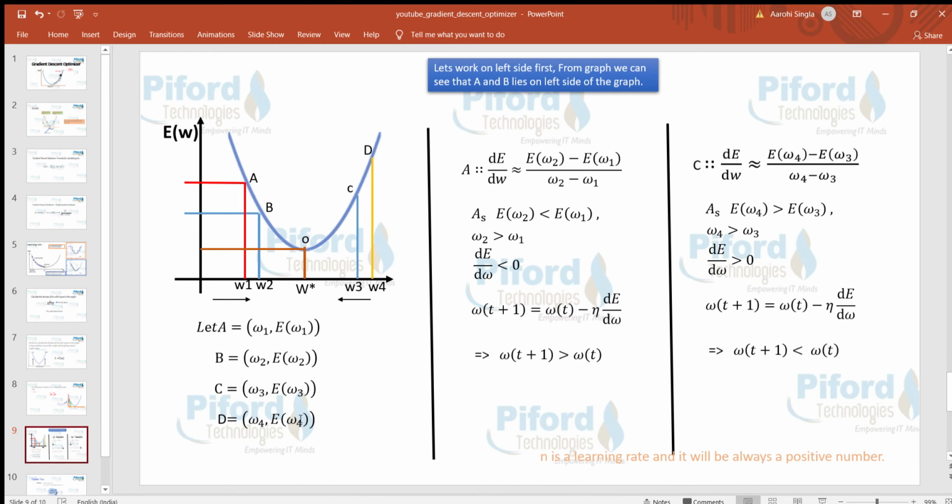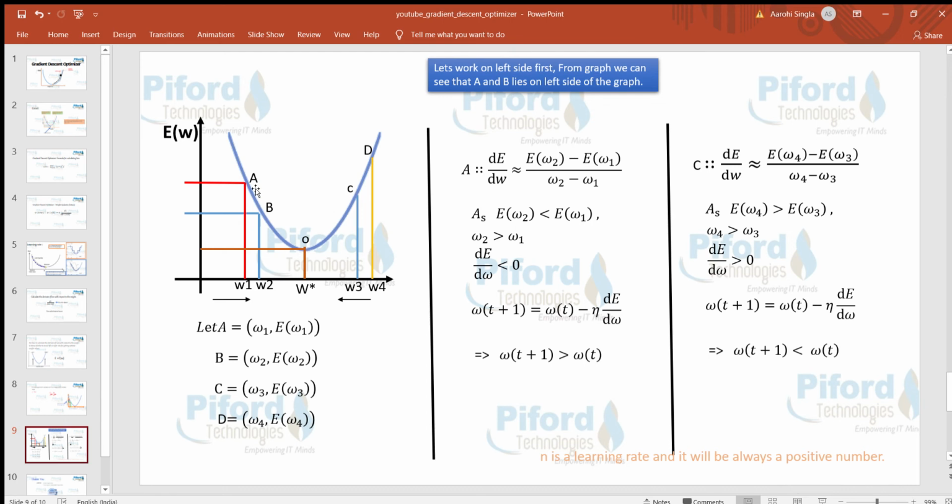Suppose I'll show you. First of all, I'm explaining this part. So over here, the first possibility is calculating the error with respect to weight at point A. Means I'm considering this point.